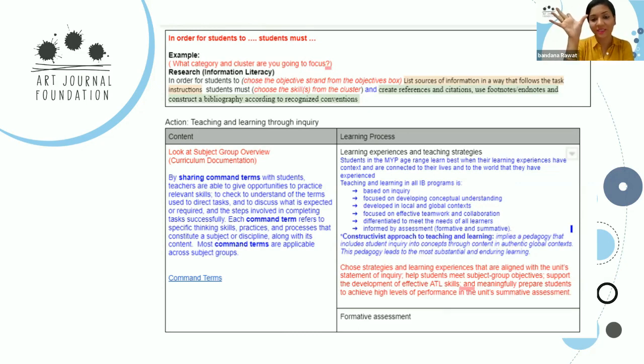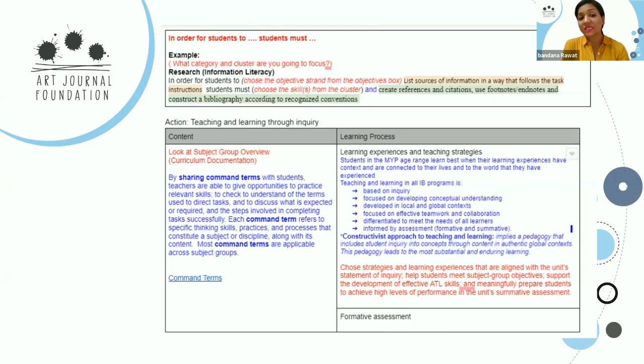The bigger cluster, the skill, is research skill, information literacy is the sub skill, and then the cluster says create references and citation. So your bibliography will come in handy. This is a clear example of a very specific activity addressing your ATL skills. At least have 2 to 3 activities addressing specific ATL skills in your unit planner. This is just one example. You can add more.